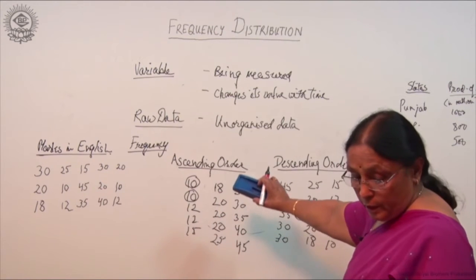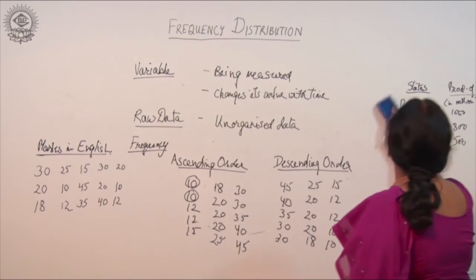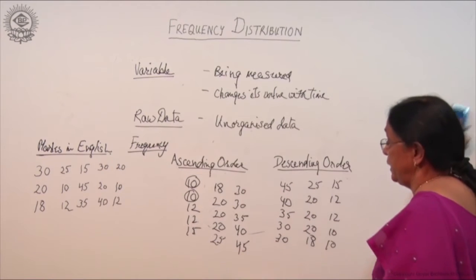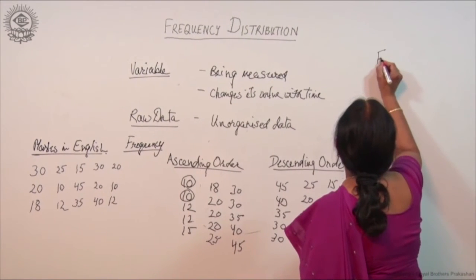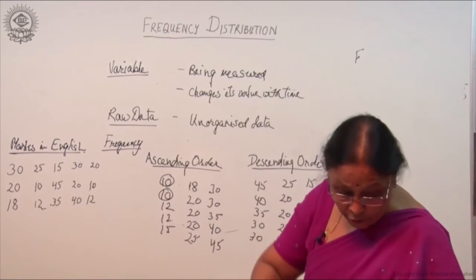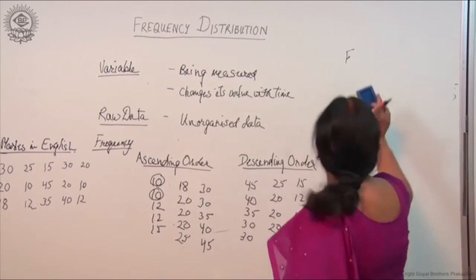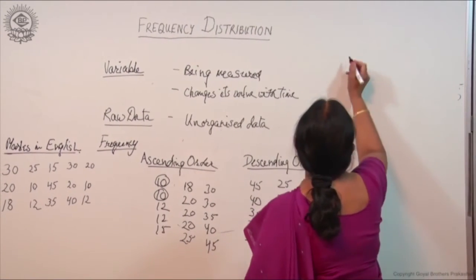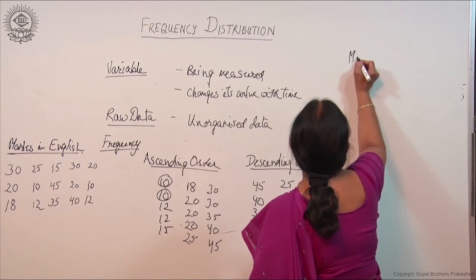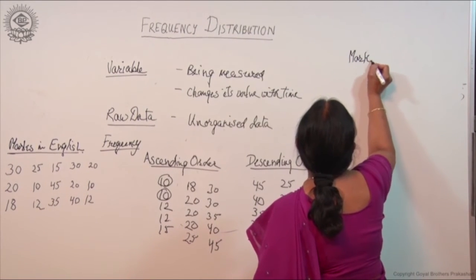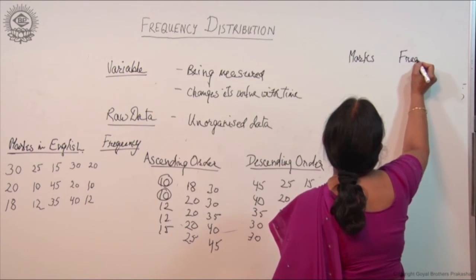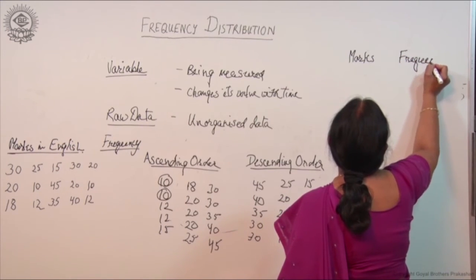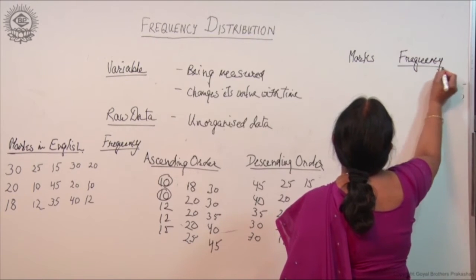Now here in this example, we can show it in the form of a frequency array, the same example we are taking. Here you will write down first marks and then the frequency, denoted with the help of an array, marks and frequency, right?